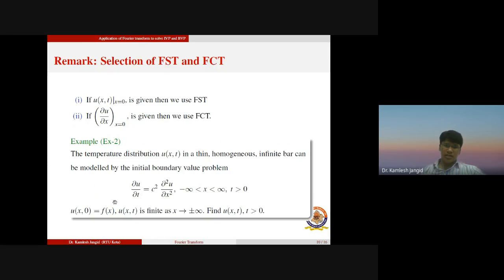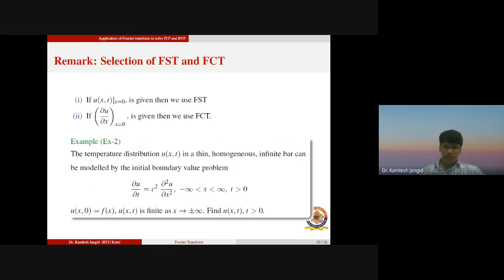The initial condition is u of x comma 0 equals f of x, and u of x comma t is finite as x approaches plus minus infinity. Then we have to find the temperature distribution u of x comma t for t greater than 0.